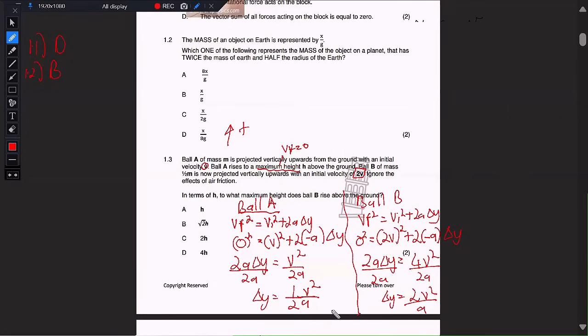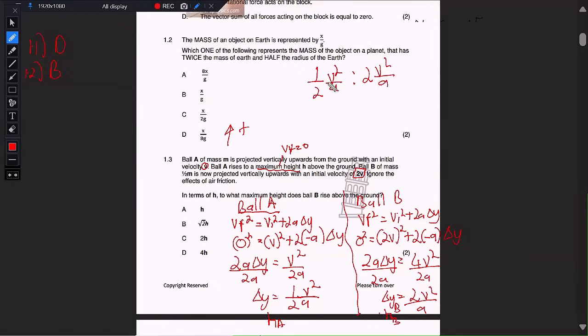Right. Now, if I have to compare this, this is my height for ball A, and I want to compare it with the height for ball B. So let's say this indicates the height of ball A, and this indicates the height for ball B. Now, what is the simplified ratio to this?